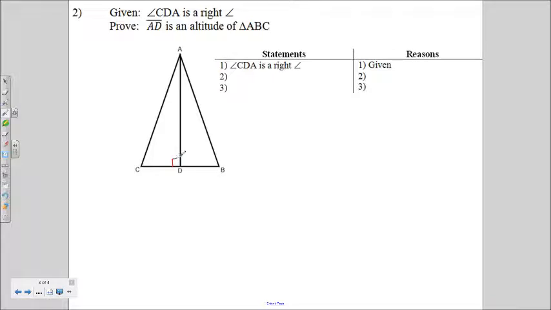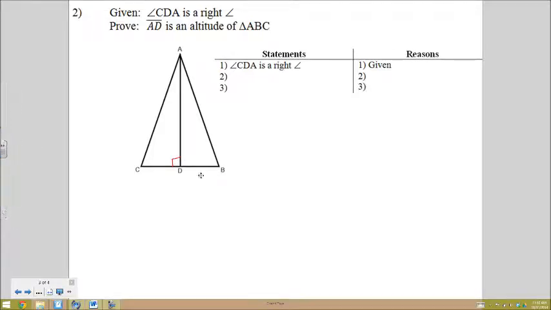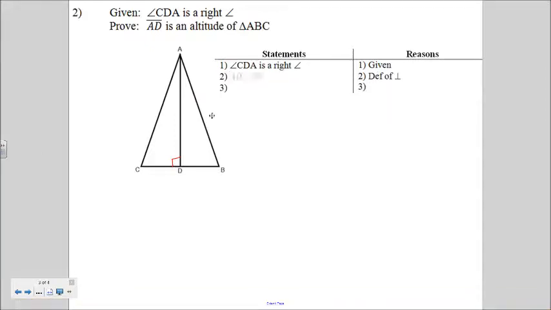Knowing that that's a right angle, I can apply the definition of perpendicular to conclude that AD is perpendicular to BC. And now that I know that segment AD is perpendicular to the side opposite vertex A, I can conclude by the definition of altitude that it is actually the altitude of triangle ABC.